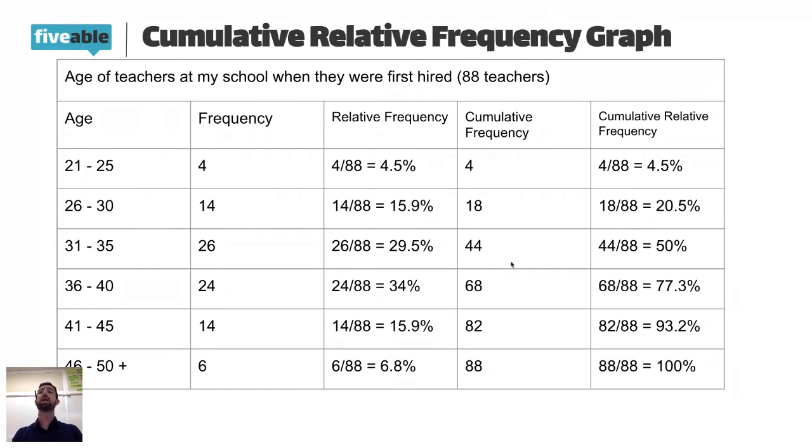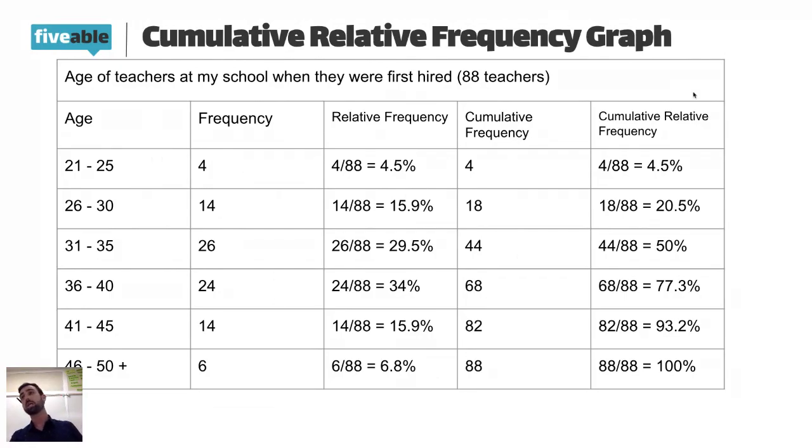And I'm going to add the next set, which is 44. So 26 plus the 18 that we had gives me 44. And keep going until you get a total of 88. So no teacher at the school, well, this is 50 plus. So let's just pretend it was 50. So no teacher was hired at their first time at 51.